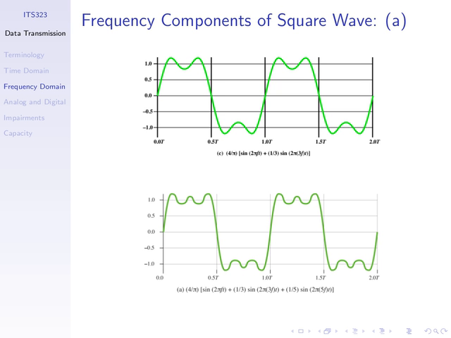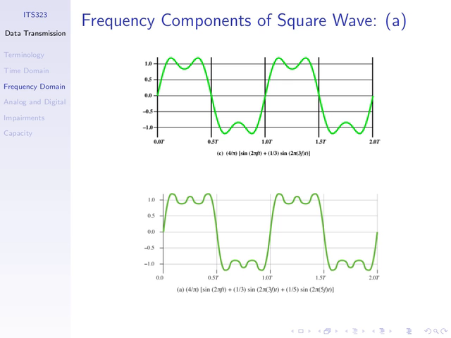The 10 to the power of 6 is just a mega, 1 million. Plus 1/3 sine 6 pi 10 to the power of 6 t. All we've done is taken this equation. I've omitted the 4 over pi, just to keep things simple and I don't have to keep writing it. I've omitted the multiplier out the front and just substituted 1 megahertz where we have f. That's our signal, which has a frequency of 1 megahertz.